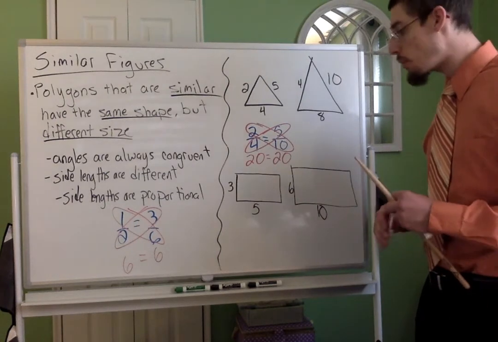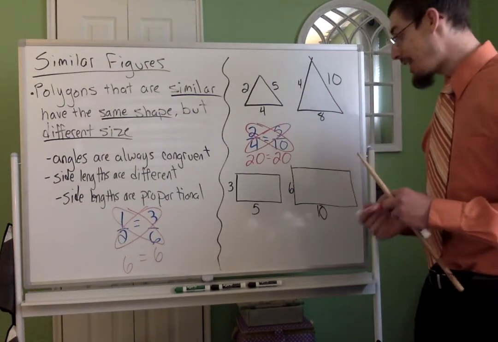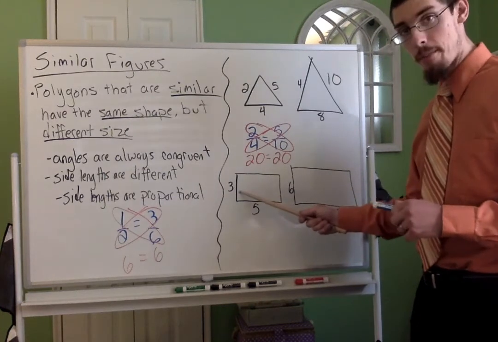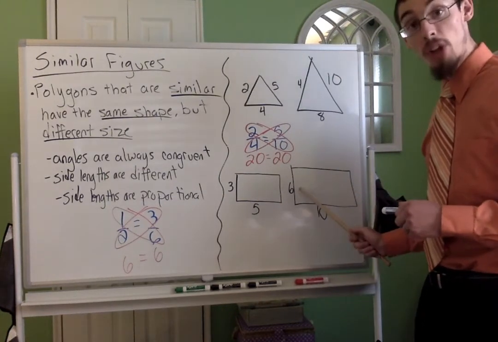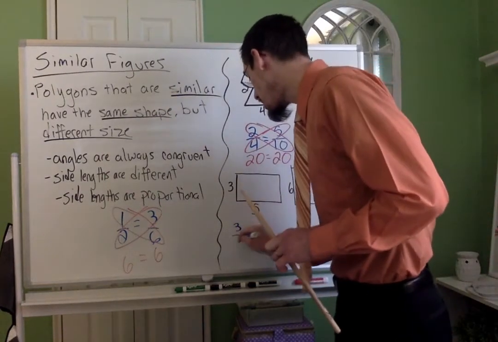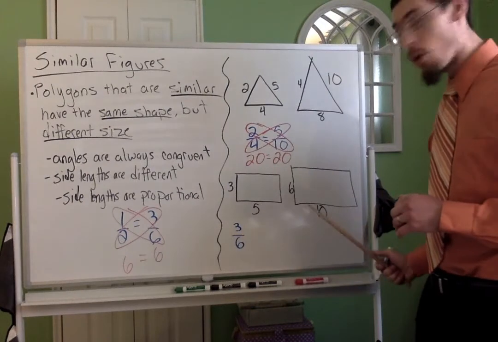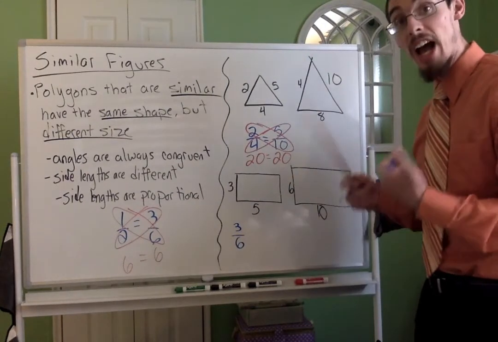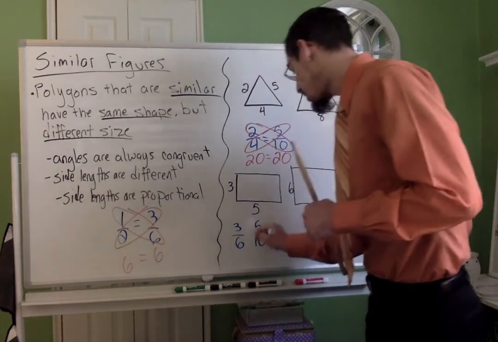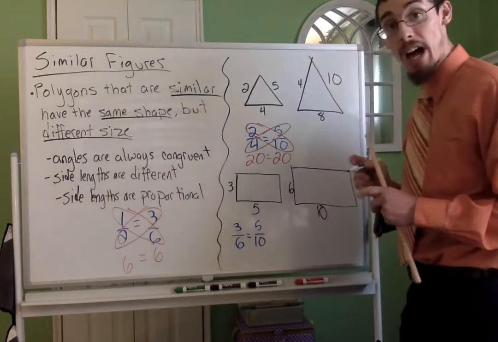Let me show you the same method I was using up here. Let's take the smallest side, 3, and put it over the smallest side here, 6. So 3 over 6, and then 5 over 10, the largest side over the largest side. So 3 over 6 equals 5 over 10.